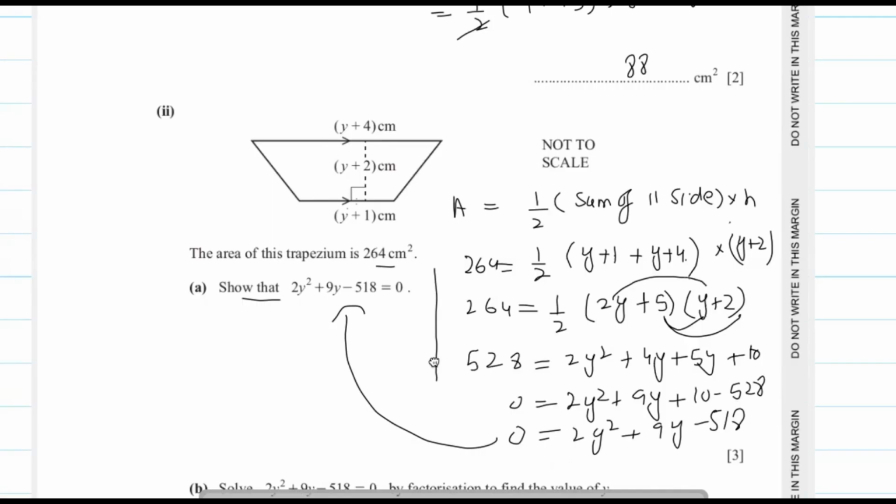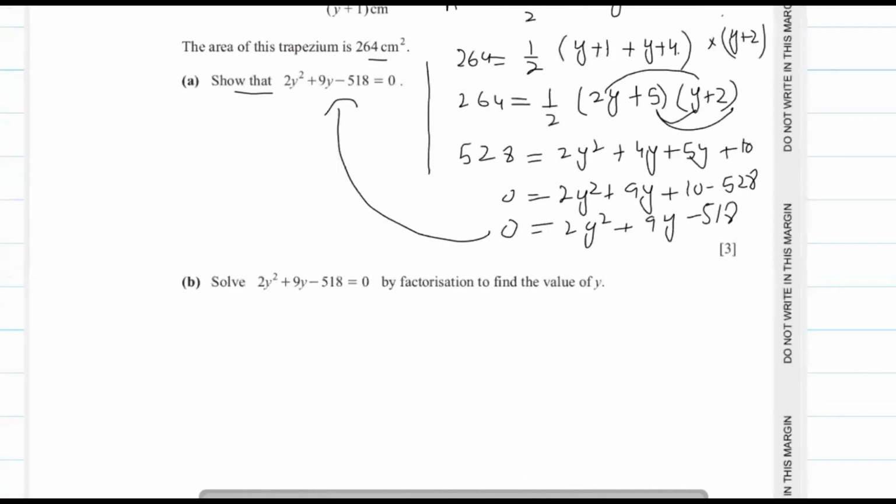The next part of this question here is part B. Solve 2y square plus 9y minus 518 by factorization. Find the value of y. We can factorize this equation by using the midterm breaking method. In this method, firstly, we will write the first term as it is and the last term minus 518 as it is.